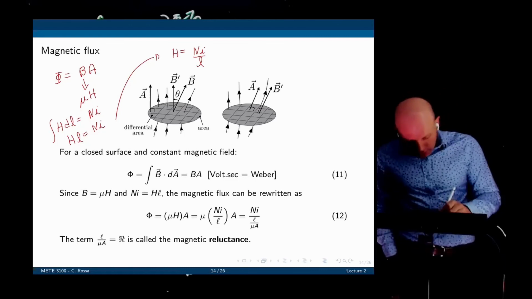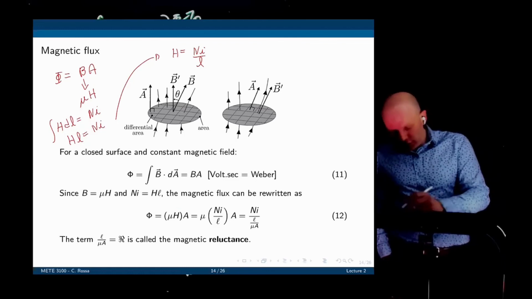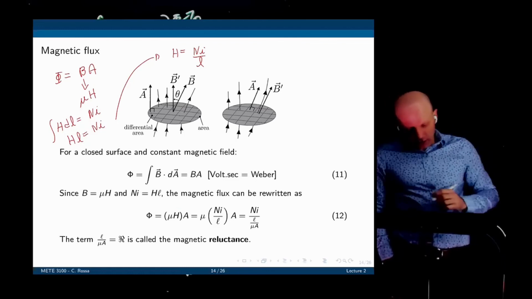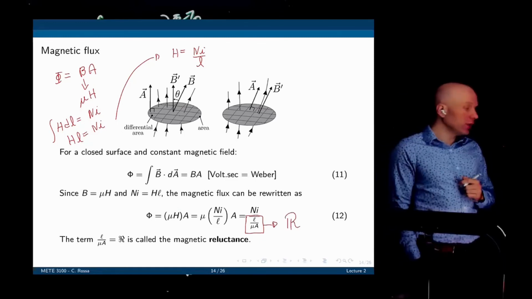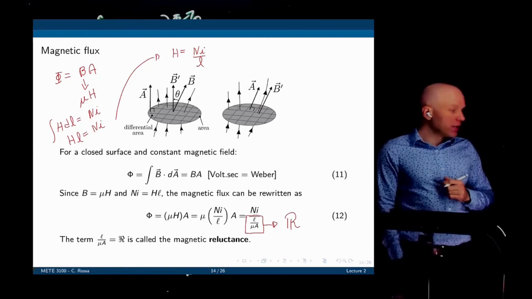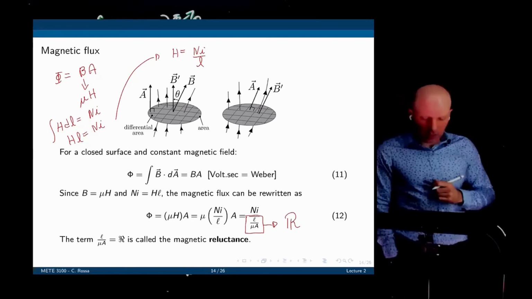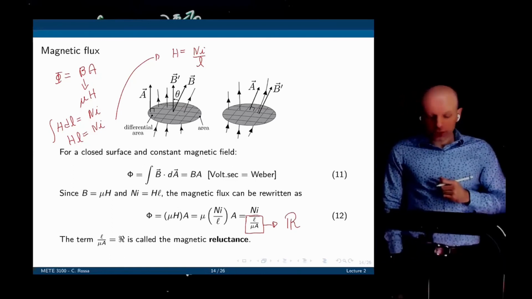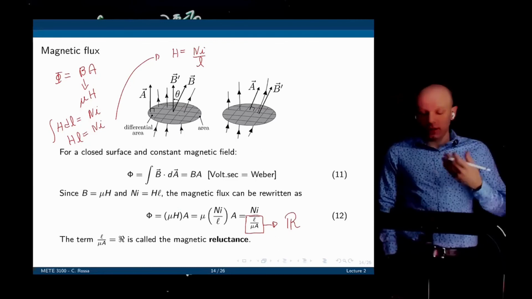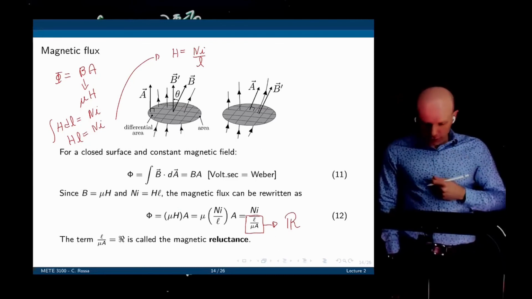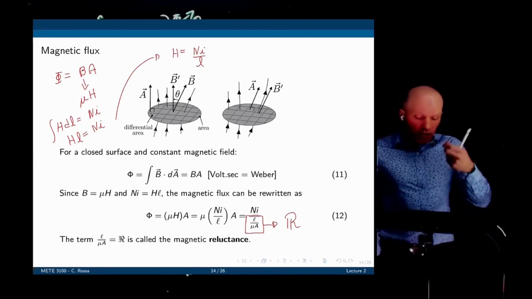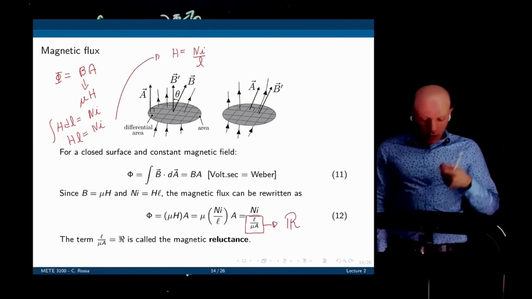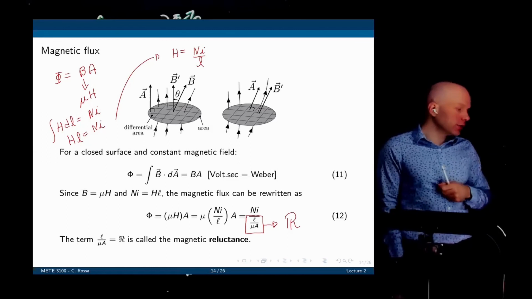This entire section here, L divided by mu times A, is what we call the magnetic reluctance. It is the equivalent to the electrical resistance in an electrical circuit. This represents how easy it is to establish a magnetic flux when a current I is applied to the system.